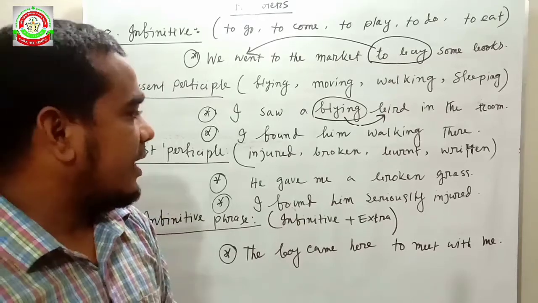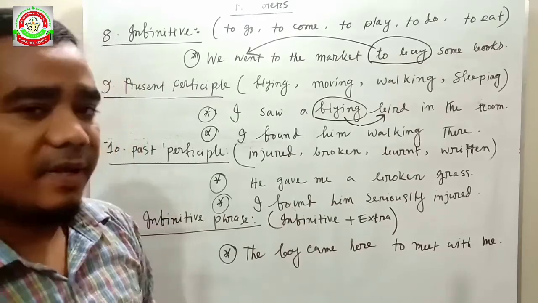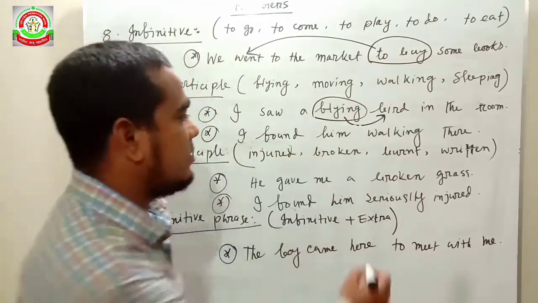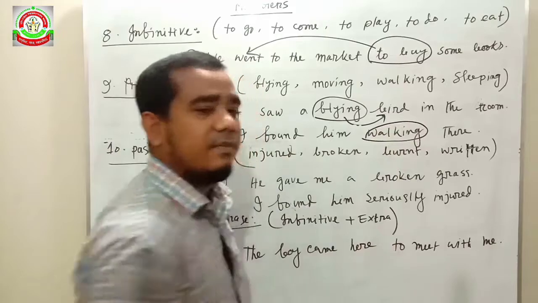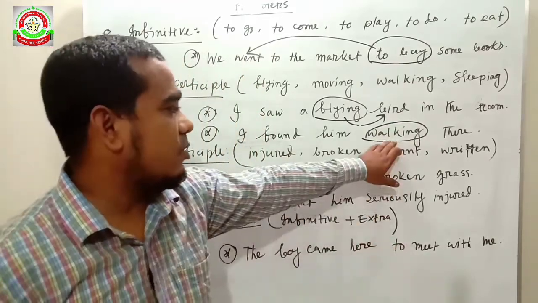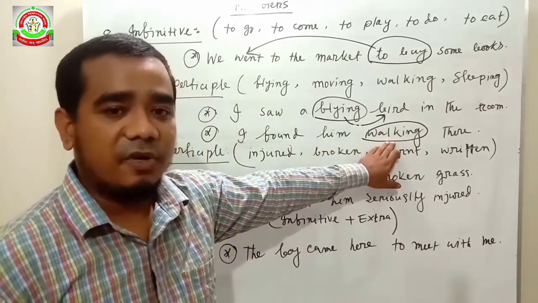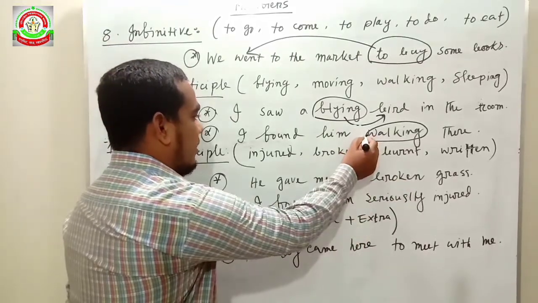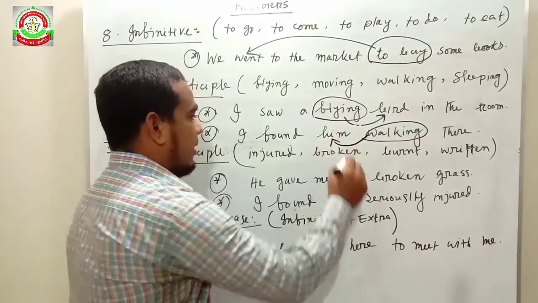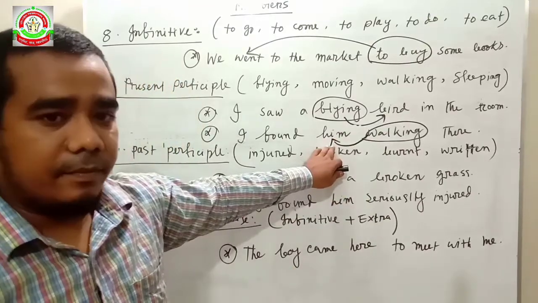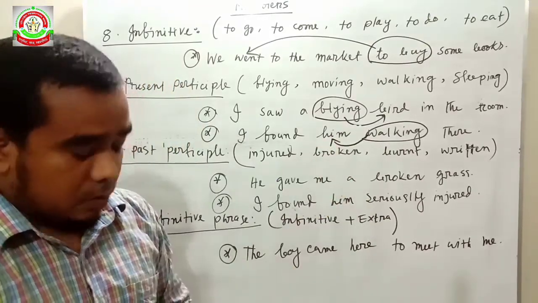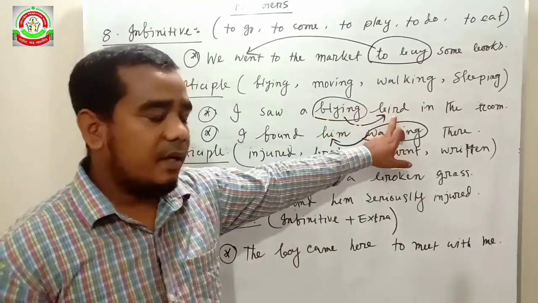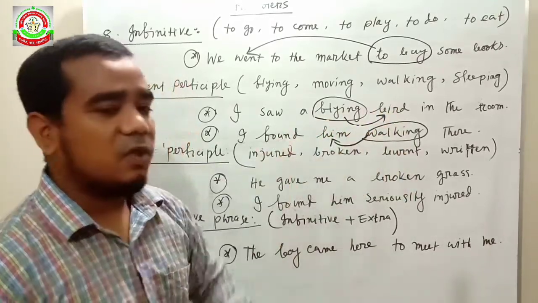In the next sentence, we see: I found him walking. Here, walking is also a present participle, but it is not the pre-modifier. It is the post-modifier. Walking post-modifies the pronoun him. So we see here that a present participle can pre-modify, and a present participle can post-modify.